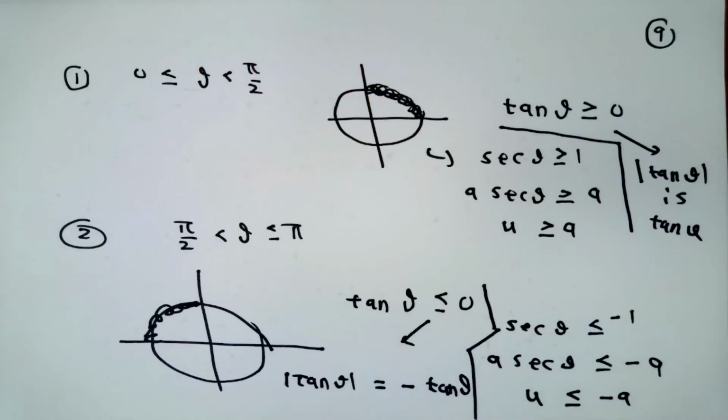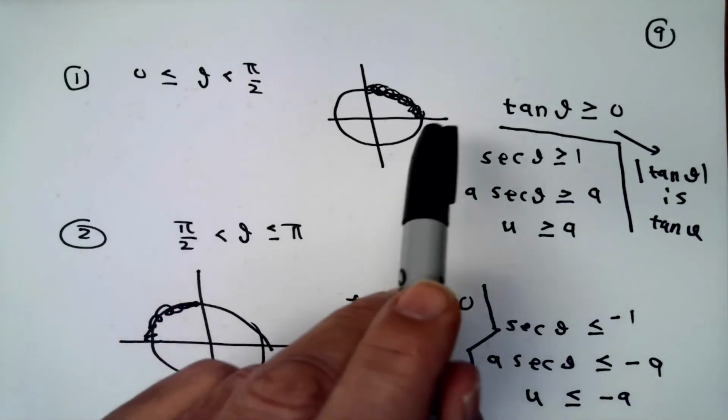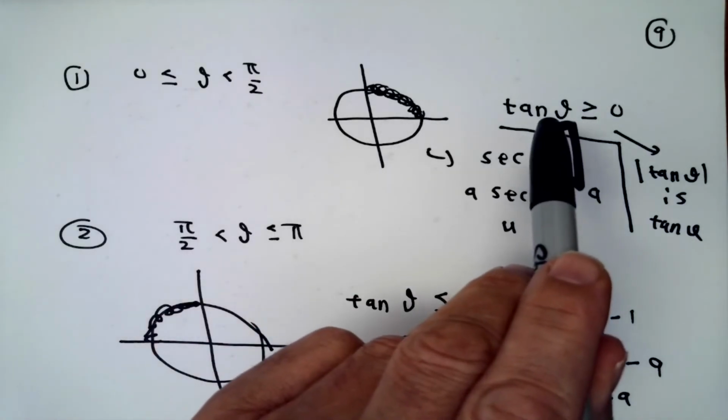The thetas that we're using can be split into two categories, one between 0 and pi over 2, the other between pi over 2 and pi. If you think back to the unit circle, that first category of angles is going to correspond to tangent of theta being non-negative.